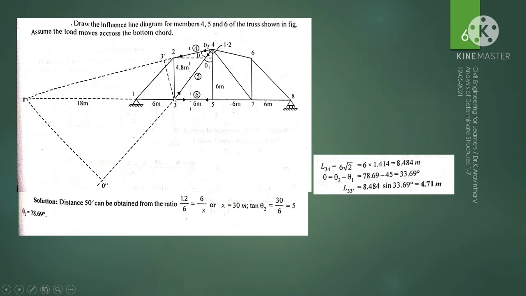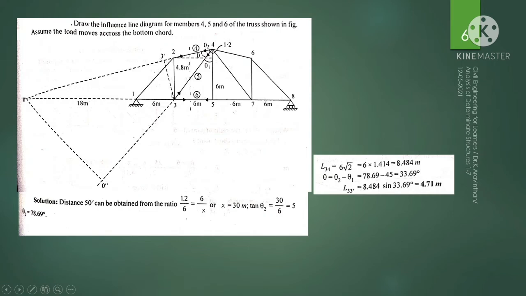You have the hypotenuse here and you have the theta here, that is 33 degree. If you want 3, 3, you can use sin theta, that is opposite side by hypotenuse. You can cross multiply: opposite is hypotenuse 8.484 into sin of the angle 33.69 degree. You will be getting the distance as 4.71.